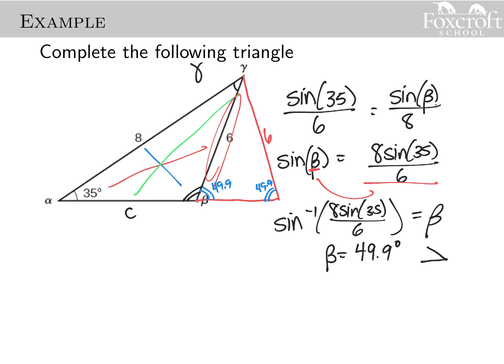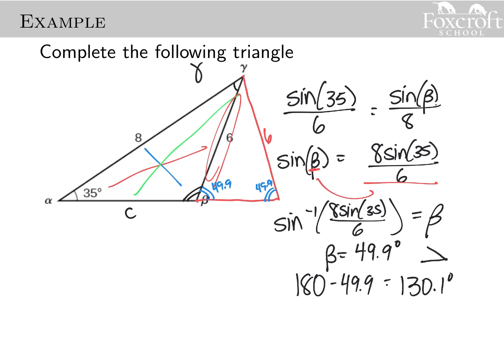So even though it looks like the law of sines says my angle should be 49.9, the angle that I actually want is the one on the other side of that, which is when I take 180 and subtract that. And that's going to give you, whatever the calculator says, 130.1 degrees.